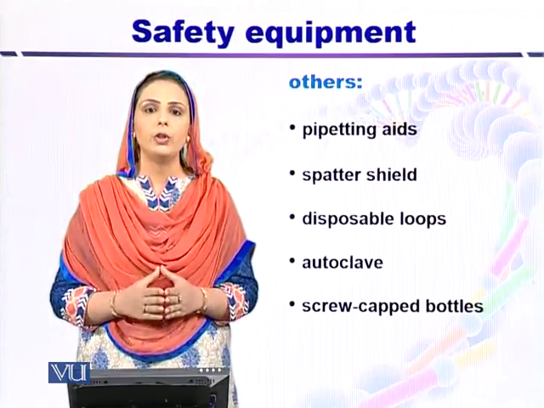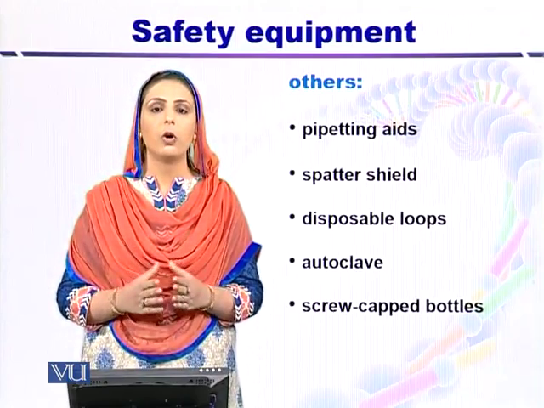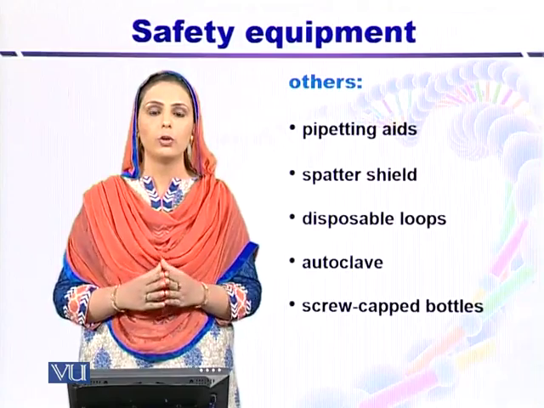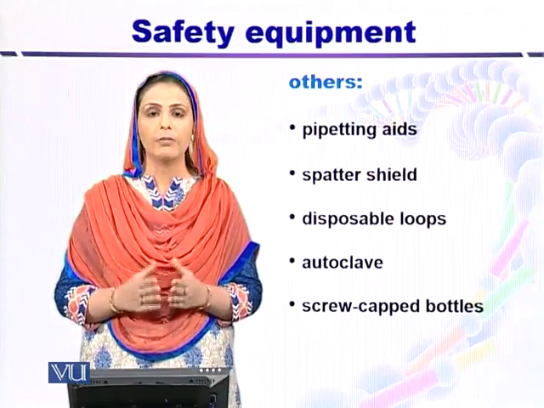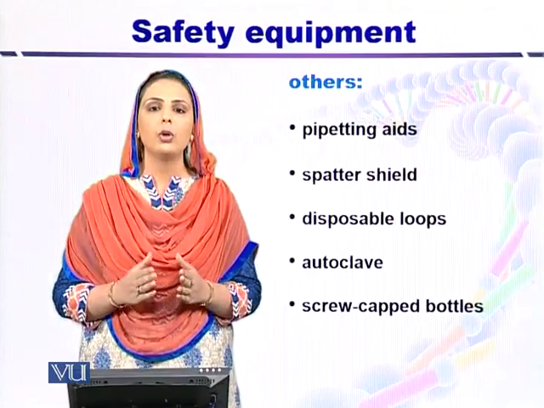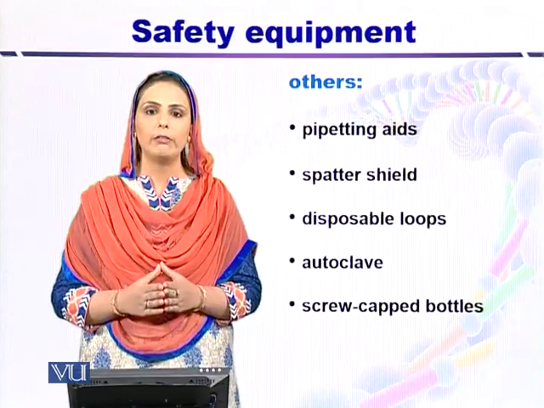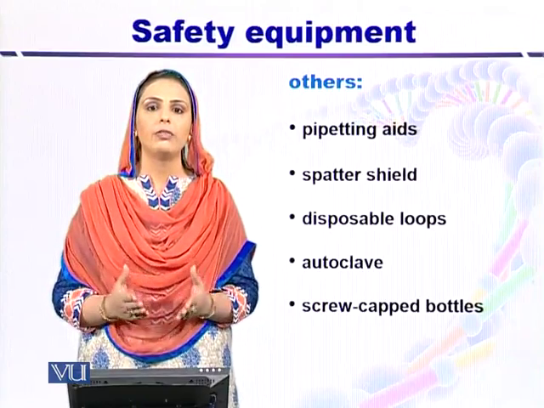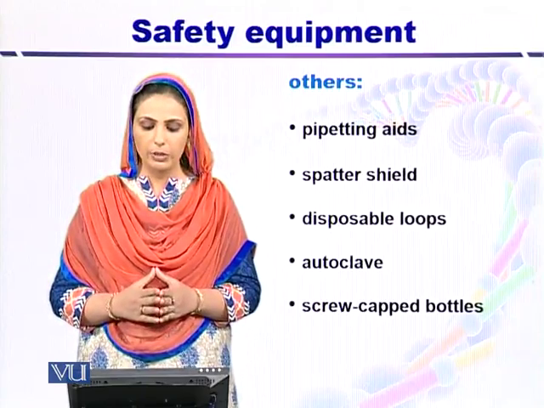So it is better to use disposable loops, because disposable loops are not only autoclavable, but they can also be disposed of after using them. Then autoclave is also used for sterilization at 121 degrees centigrade for 15 to 20 minutes, where the pressure is 15 pounds.